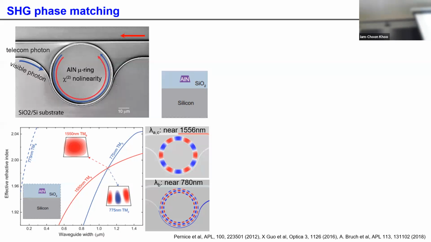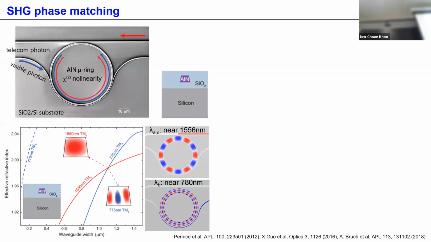So you vary the width of the resonator waveguide, and as you vary the width, you can identify 2 modes. One is at the fundamental frequency, for example 1550 nanometers, which is the telecom wavelength we all use. And the other is the second harmonic around 775 nanometers, which is a higher order mode. And they have the same index. At that width of the waveguide, you get phase matching.